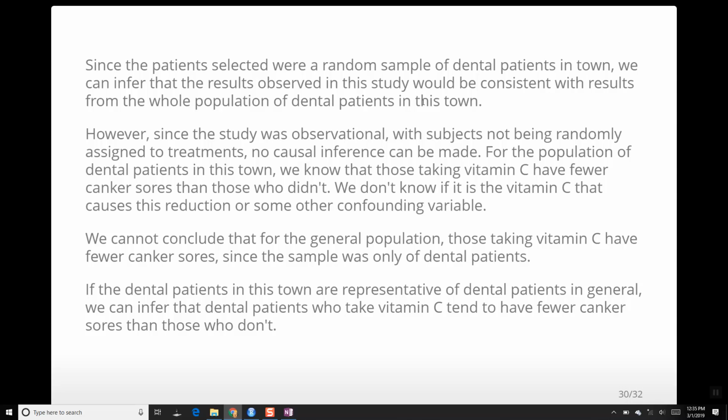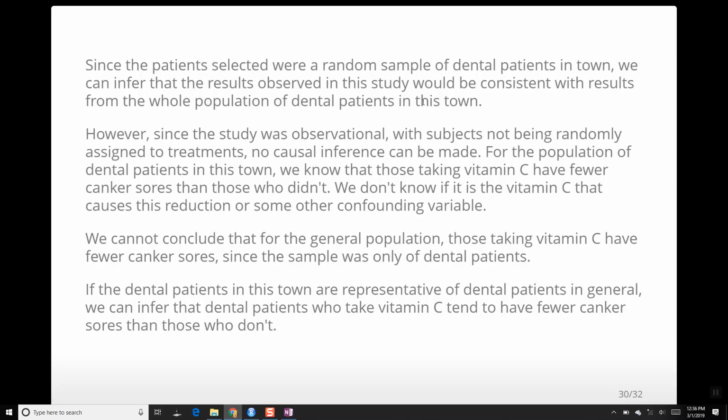And generally, looking at large swaths, people who visit the dentist will have more money than people who don't. There's all sorts of other things. So you wouldn't want to generalize to the population at large, but to all dental patients, maybe that's okay.